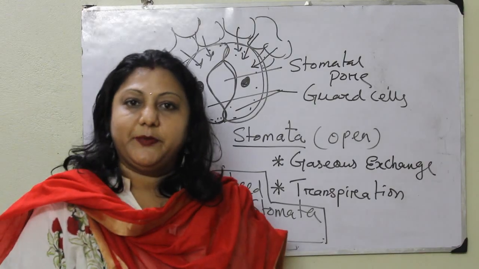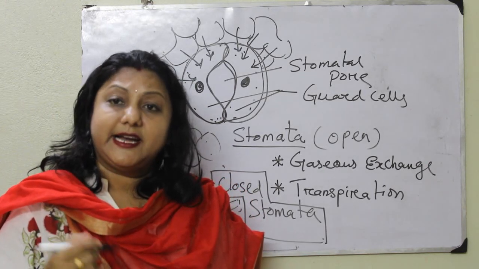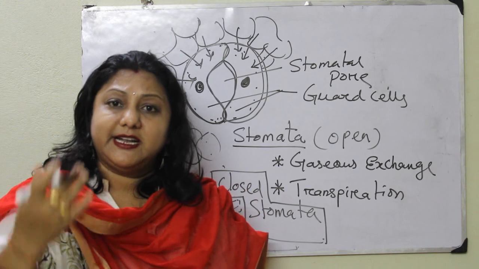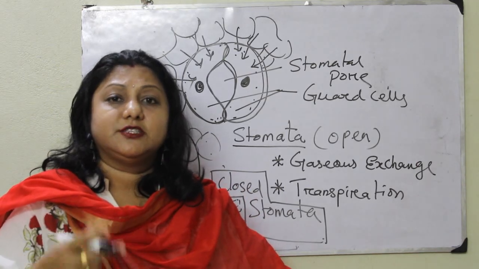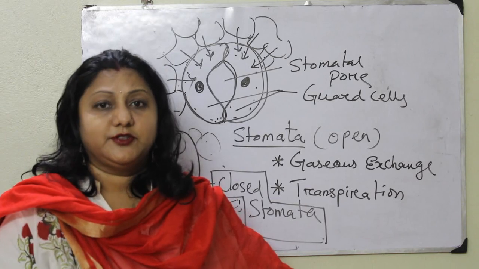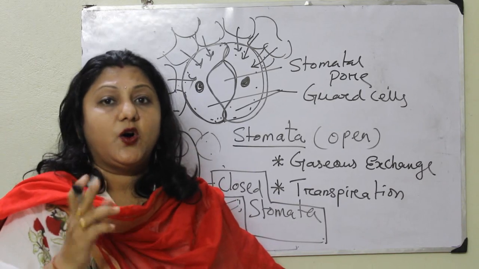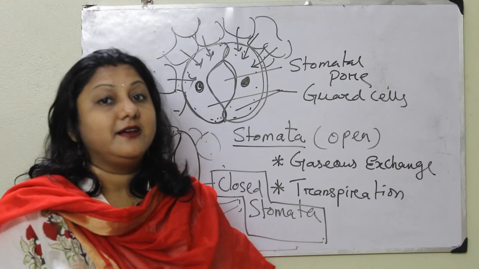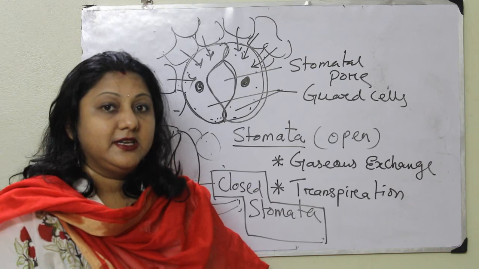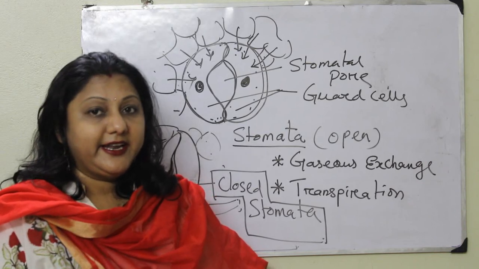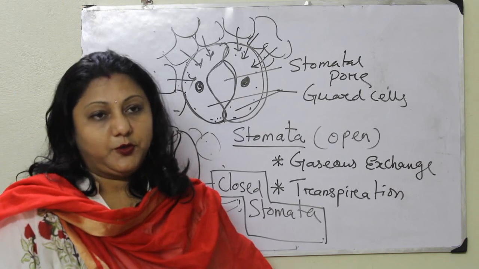So the stomata plays an important role in gaseous exchange. That means carbon dioxide is taken in for photosynthesis and oxygen is given out during the photosynthesis process. Apart from this, the stomata also plays a role in the respiration process, where the opposite happens. That is, oxygen is taken in and carbon dioxide is given out.